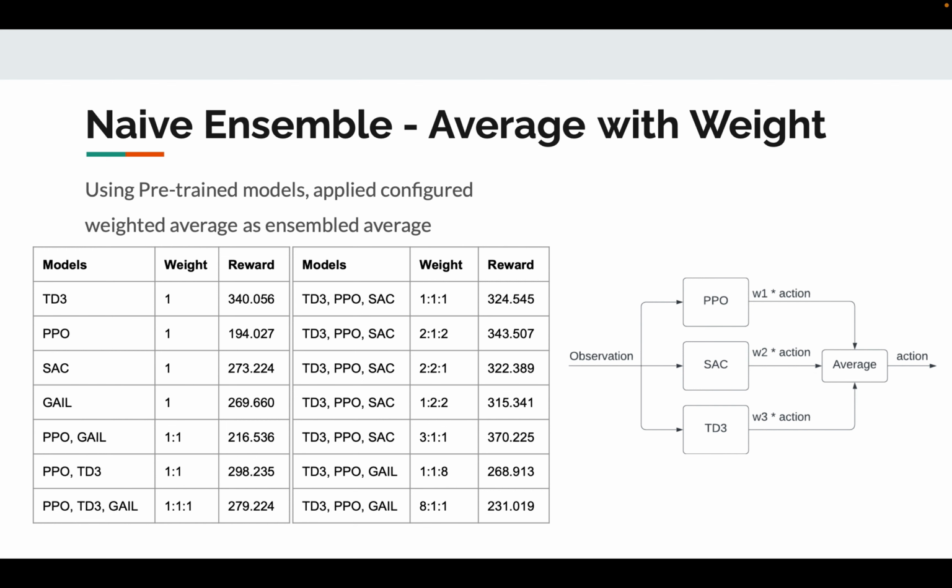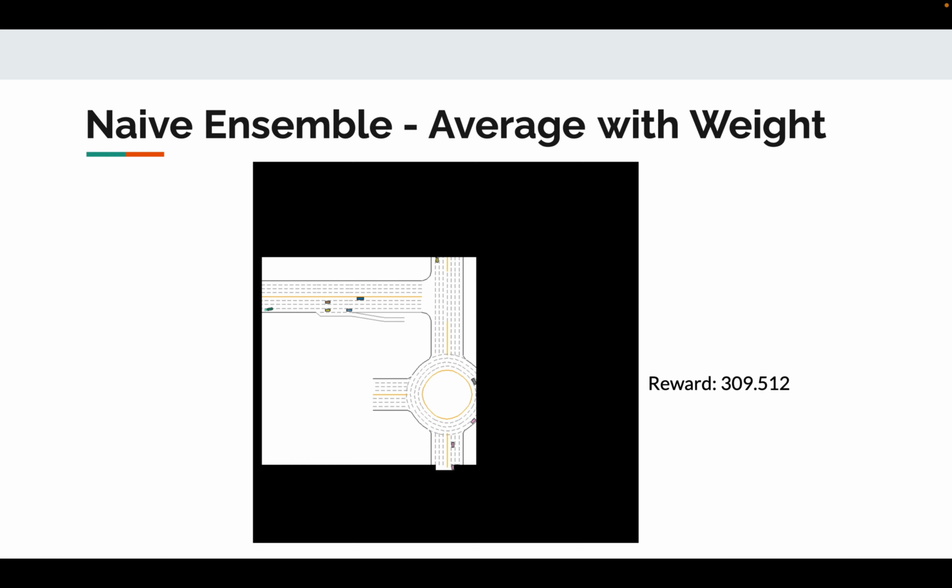And from what we can see here is that the ensemble model does perform a little bit better than the average of each of the submodels, but they are generally not better than the best of the submodels here. And we also visualize our average model using our visualization scenario that we showed before.